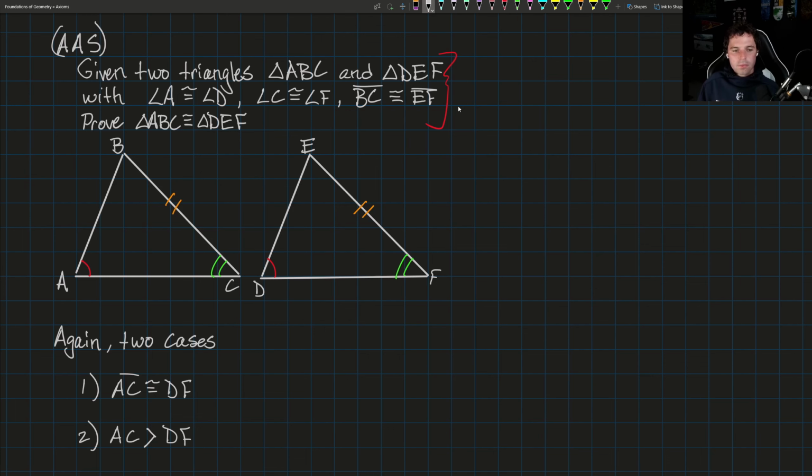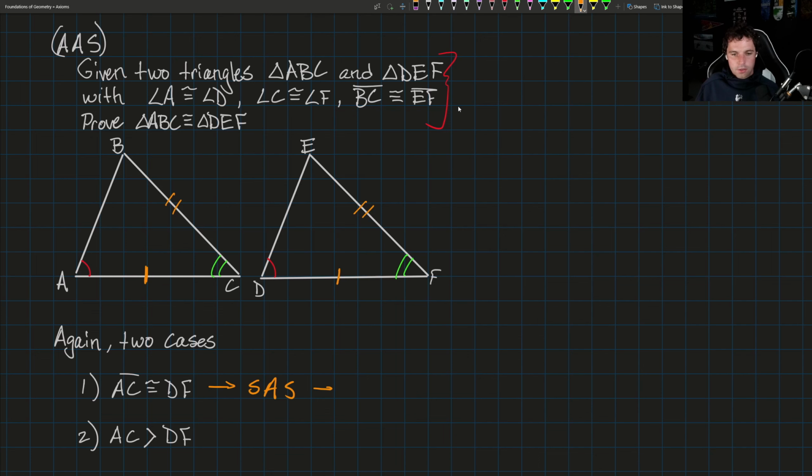Right? So in this case, what we're going to do is just assume that AC is congruent to DF. This leads us to SAS, right? AC congruent to DF, C congruent to F, and EF congruent to BC. And then we're done.